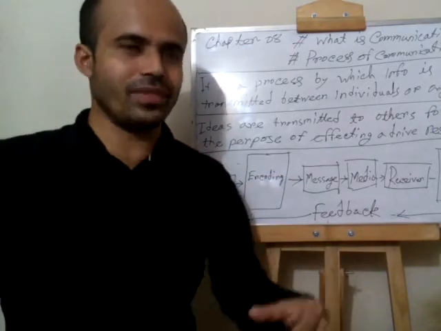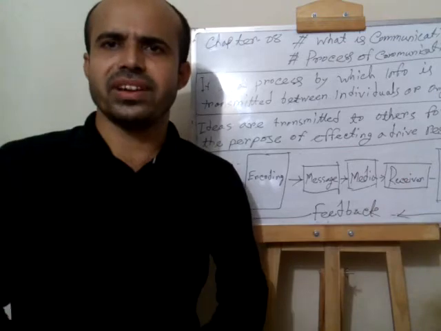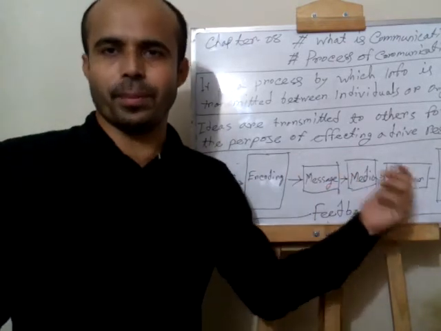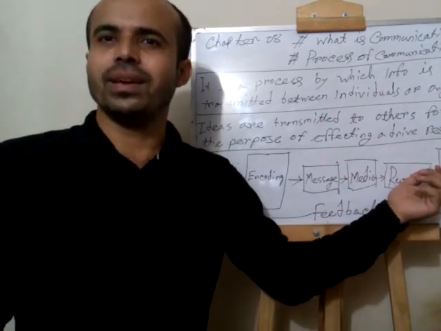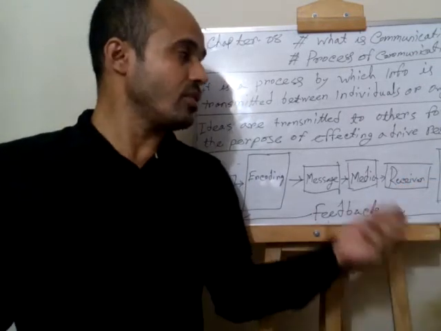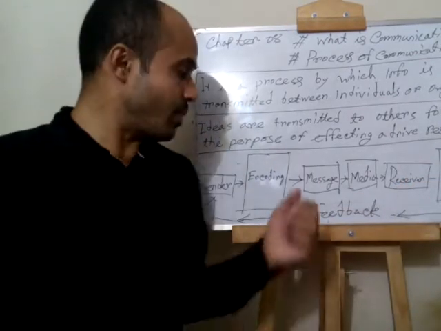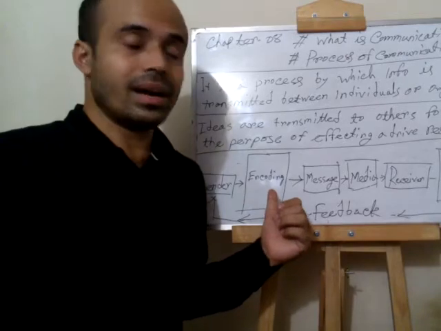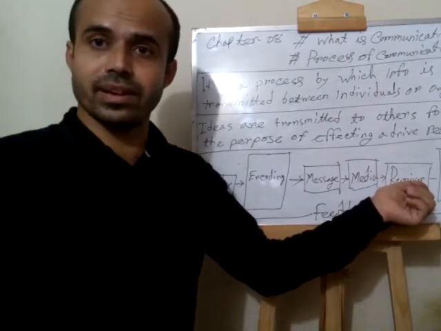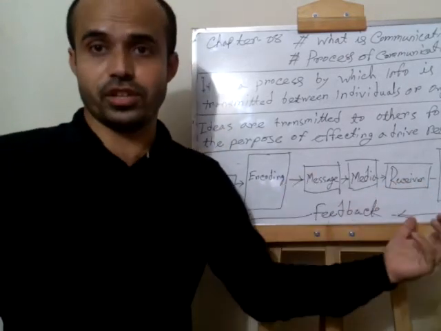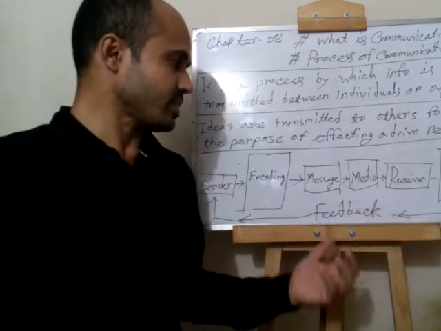If you are encoding with Arabic letters, then the person will not understand. Then your wish to communicate with this person will go in vain. So you have to think that the message must be understandable to the receiver. Then proper communication will be performed.